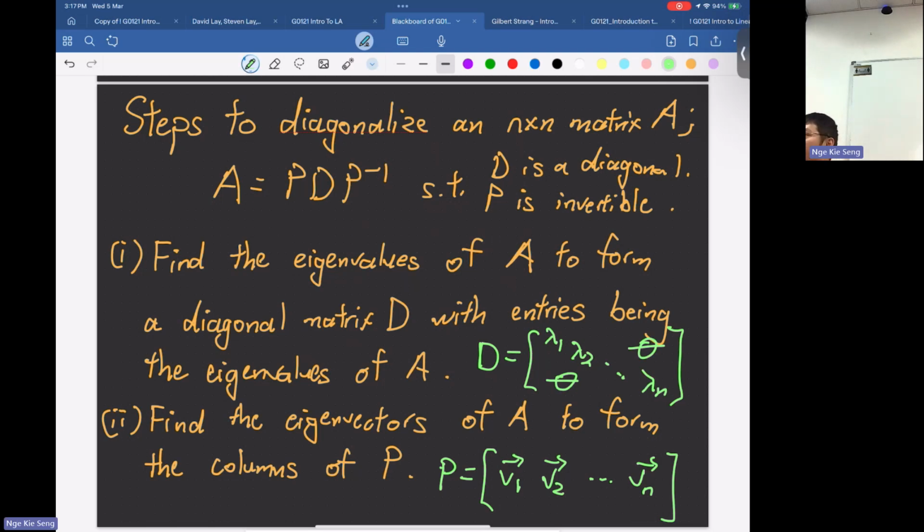But actually, you should ask the question: why on earth, if I put all the eigenvectors together, should this matrix be invertible? Why are they linearly independent? Because this is an algorithm, so this means that this algorithm always works. What facts do you need to know?